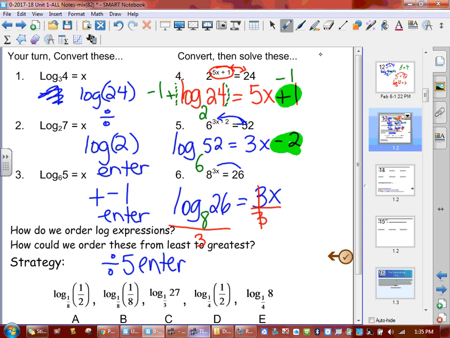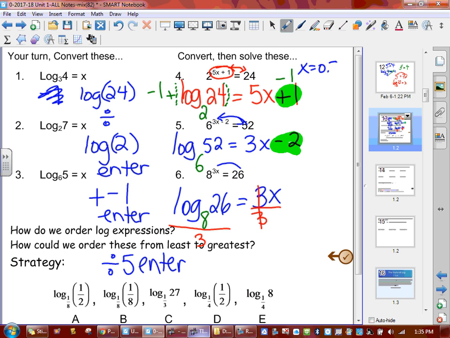Who's got it? 0.72? Yes. 0.72. All right. So x equals 0.72. On the bottom we got 0.52, correct? 0.52 is x on here.